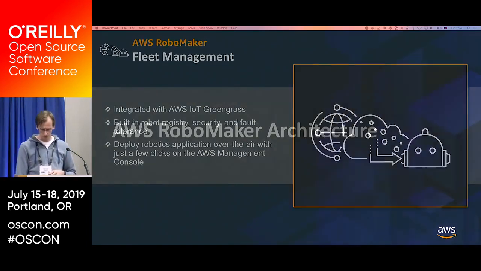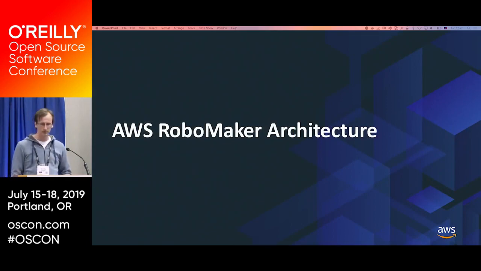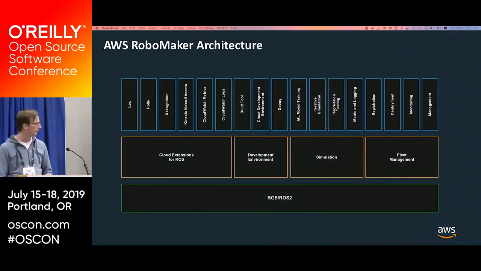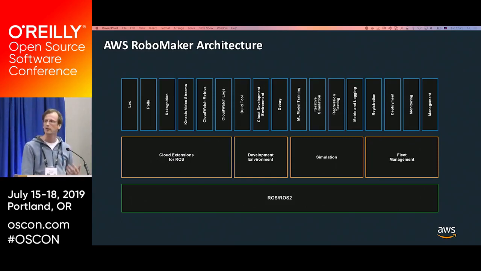Just to give an overview of all the features I went through today: if you look at this diagram, you can see that open source software is at the foundation of what we are doing at AWS RoboMaker. We have ROS 2, we also have Gazebo. While those open source software are very important so that the community has a platform to collaborate, we also feel there is a lot of value to be added by leveraging the power of the AWS infrastructure.